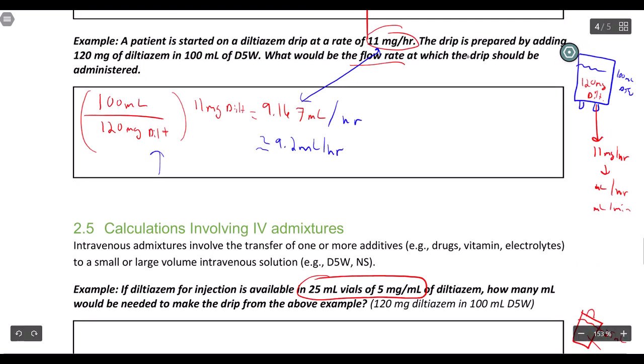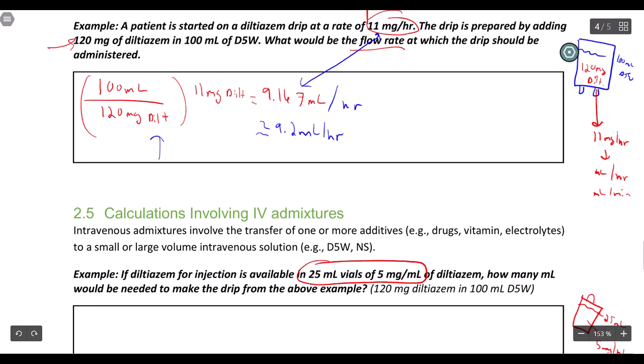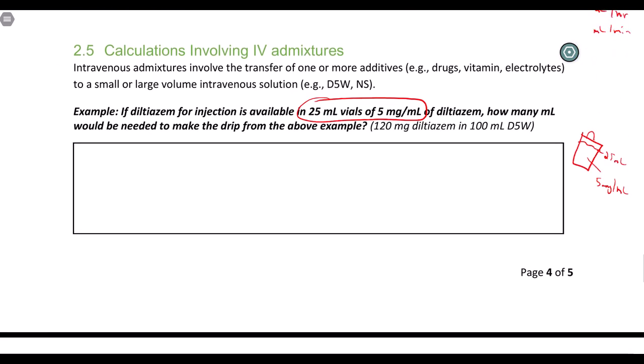We wanted to put 120 milligrams in 100 mLs of D5W. How many mLs would we need? We want to put 120 milligrams in 100 mLs of D5W. This is the drug vial, the concentrated drug vial. How much of that do we need to take out and dilute into our IV bag? Well, again, you get your concentration, you put the thing you want.